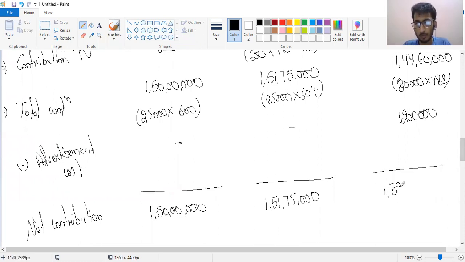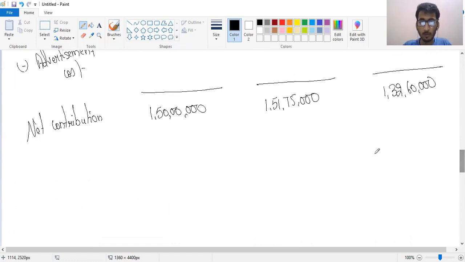Now, we can easily say what is the best option. The best option is to make the component in-house and make 25,000 units as well. Why? Because we are getting an additional contribution of 1,75,000 in making the component in-house.